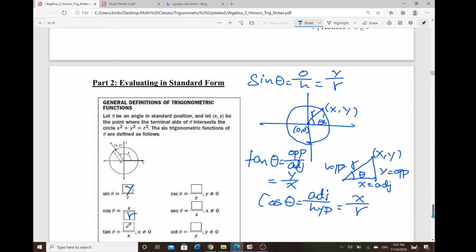This is the same kind of ratio, but we want to use different algebraic expressions. In terms of the equation of a circle, x squared plus y squared equals r squared, because the center is at the origin, 0, 0.